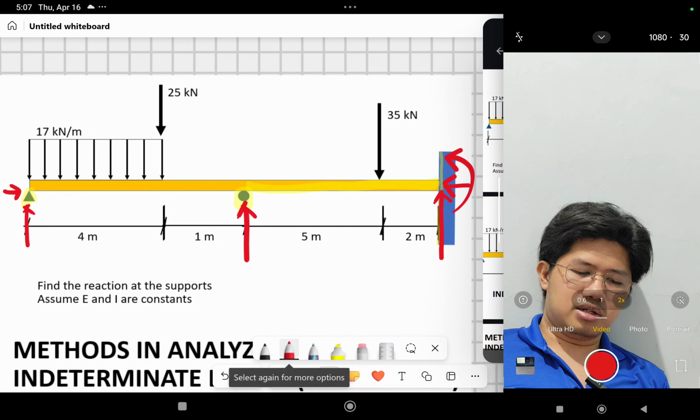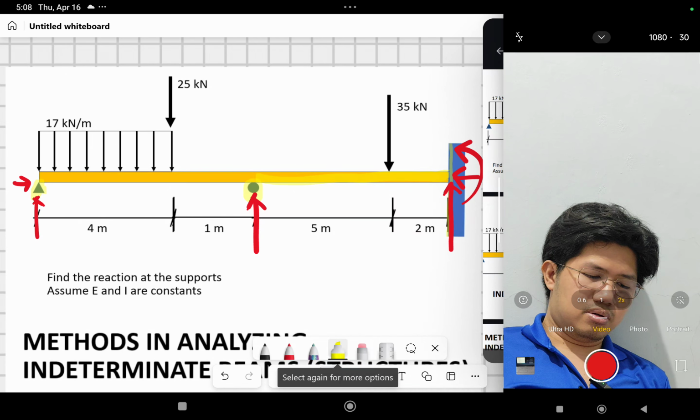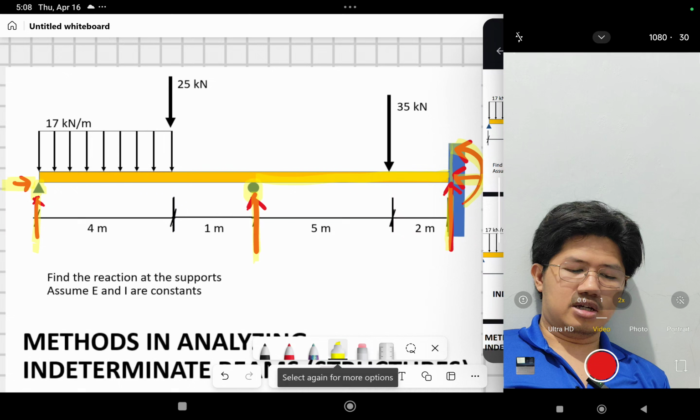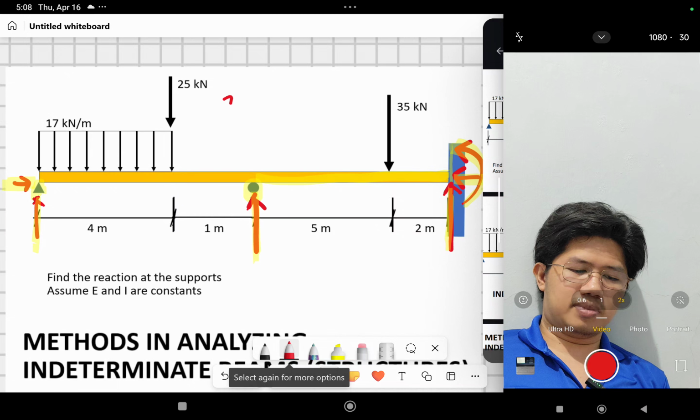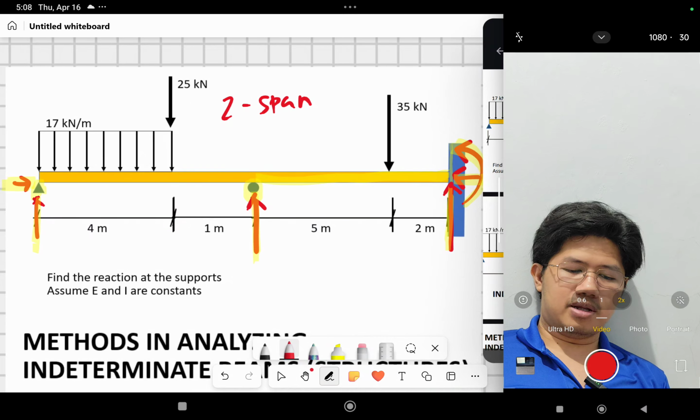So if we will try to determine, we have 1, 2, 3, 4, 5, and 6 unknowns. Okay, so for these two span beams, so it is two span, no? Since yung mga supports na ginamit nila, you have 6 unknowns.